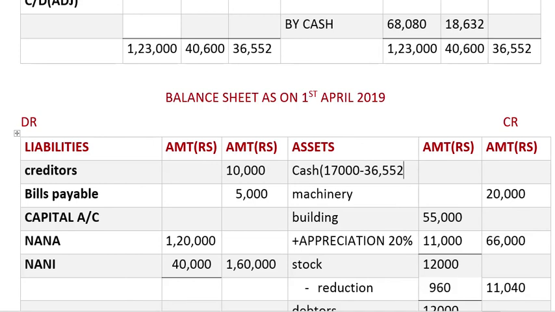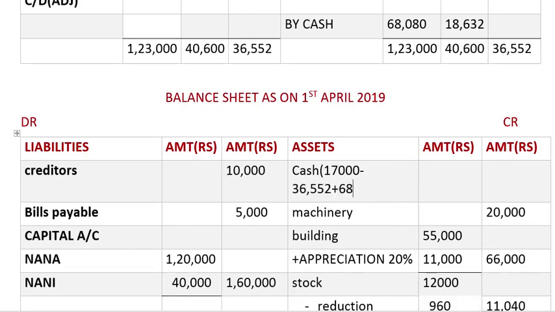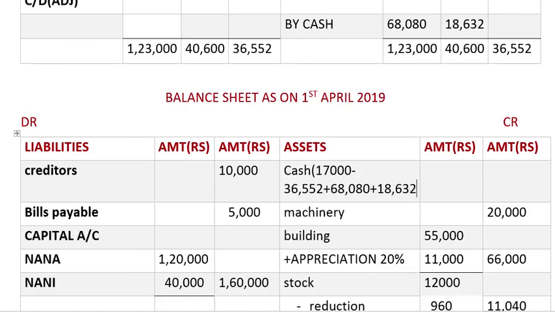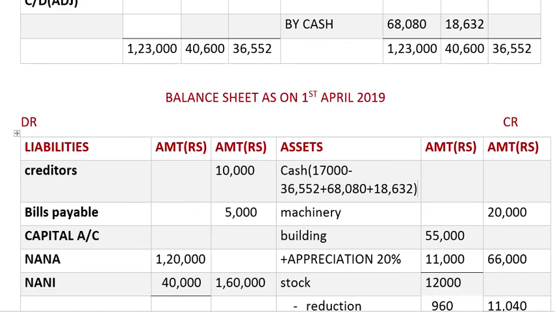So we'll add cash over here, plus this balance will come in cash. Okay, 68,080 plus Nani's 18,632, this balance.